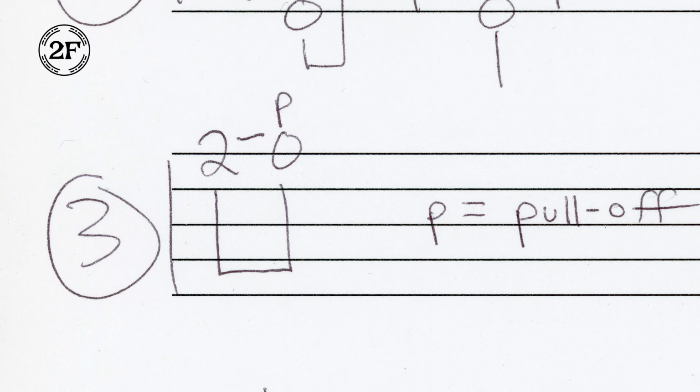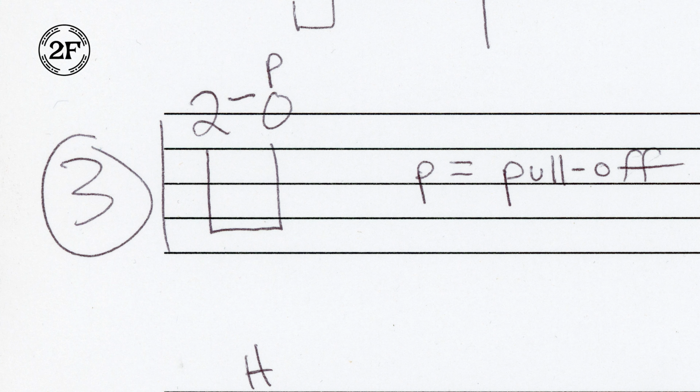Moving on, number 3 shows you what a pull-off might look like. I'll always write it this way, where there's going to be a number, and then a dash, and then another number with a P for pull-off on top of the 2nd note, so that you know that in order to get that 2nd note, you're going to use the pull-off rather than a plucking hand figure of some sort.